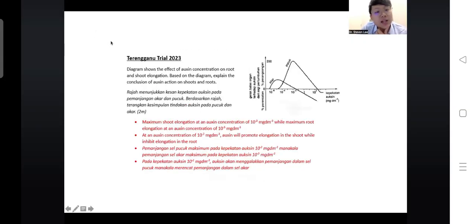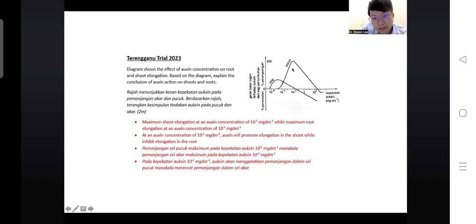So this is a Terengganu Trial 2023. We talked about this graph already just now. They ask you to give a conclusion based on the graph. I know that this one is a bit different from the usual graph. Based on the graph they give you lah. Don't use your knowledge. You have to base on whatever they give you. So for roots, the maximum elongation is at 10 to the power of -5. For shoot, the maximum elongation is at around 10 to the power of -2.